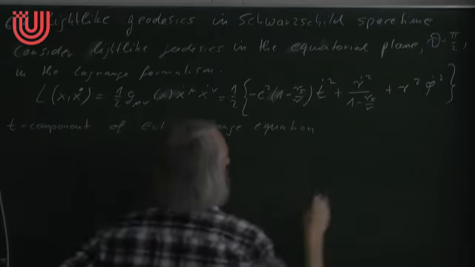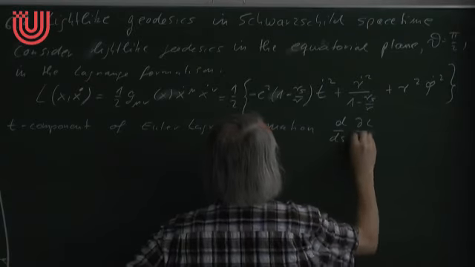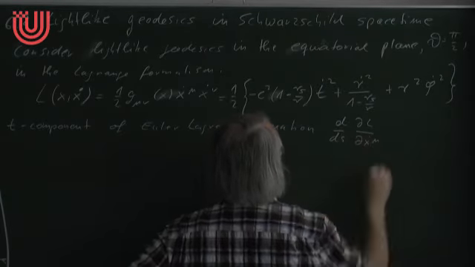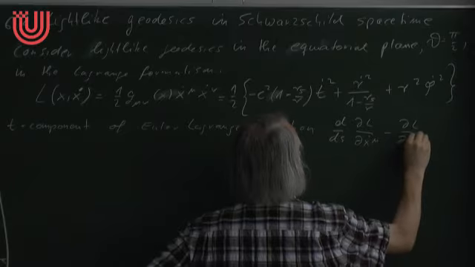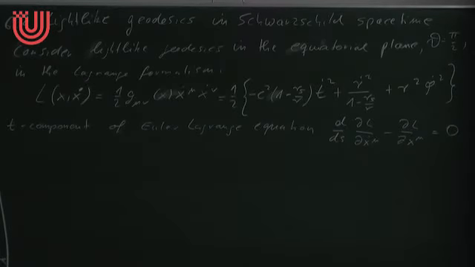Just to remind you, the general form was d/ds ∂L/∂x^μ dot minus ∂L/∂x^μ is 0. And now I do this for x^μ equal t.